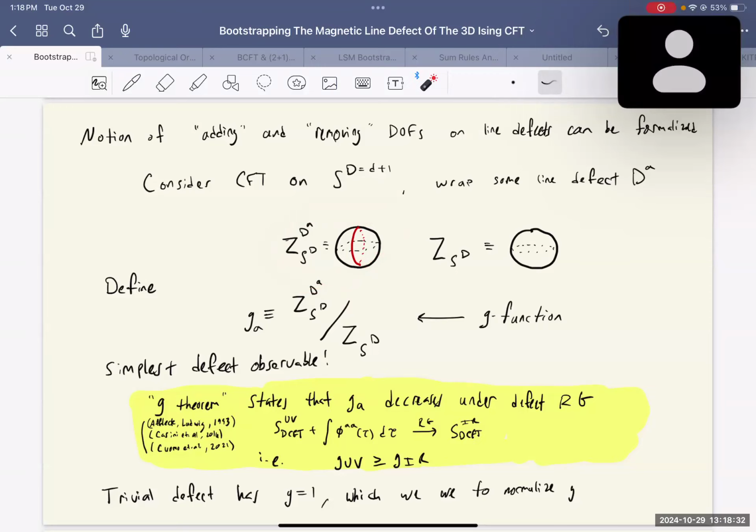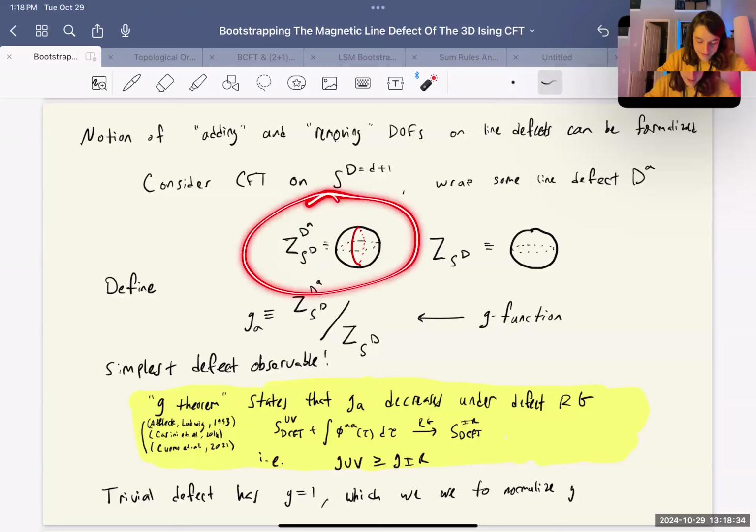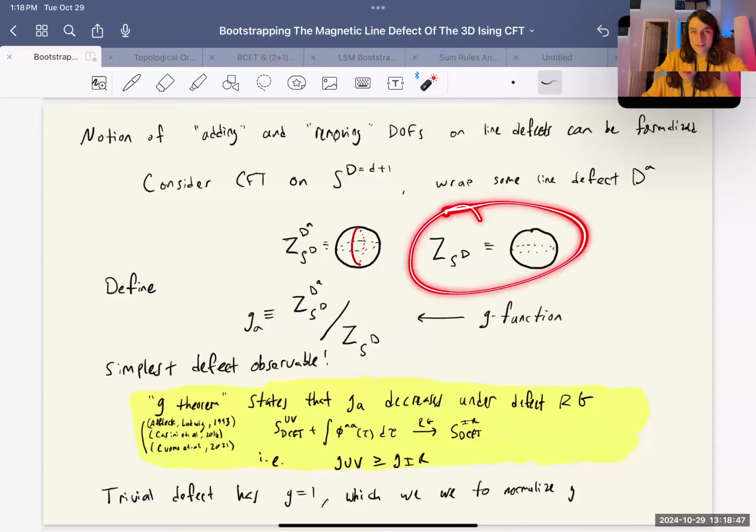Good. What I was saying is that it seems like if I just study this thing and don't divide out by the bulk, there already is a monotonicity theorem for just this guy, right?